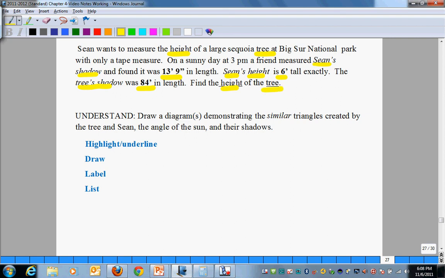So we highlighted and underlined our key information. Now we're going to draw, label, and list the information. As you draw, label, and list the information, you want to cross it out. So we have a sequoia tree as one of our players here. So we have a nice big tree here that we're going to be working with.